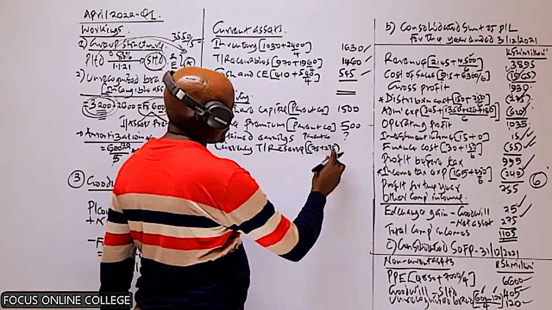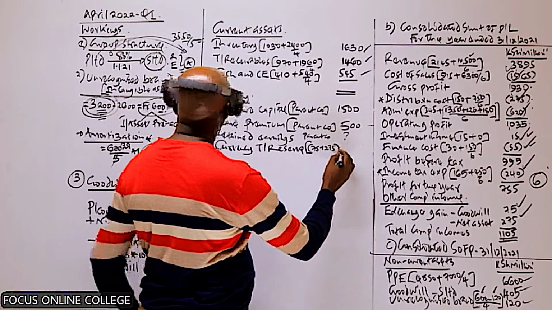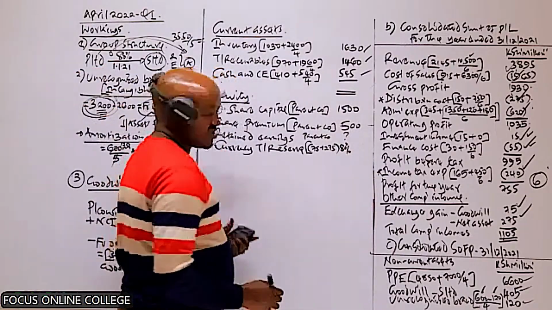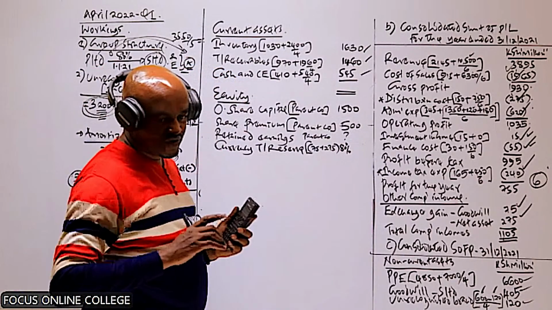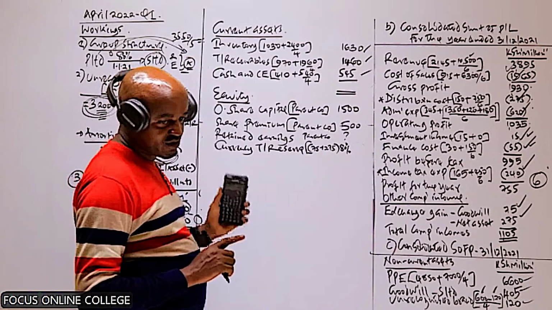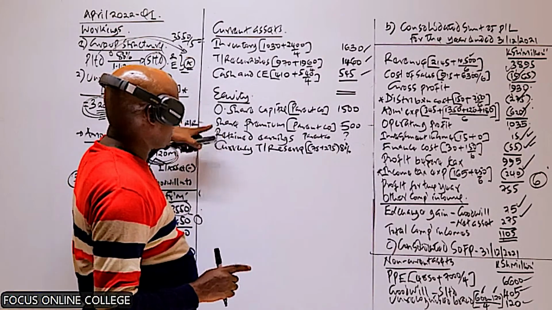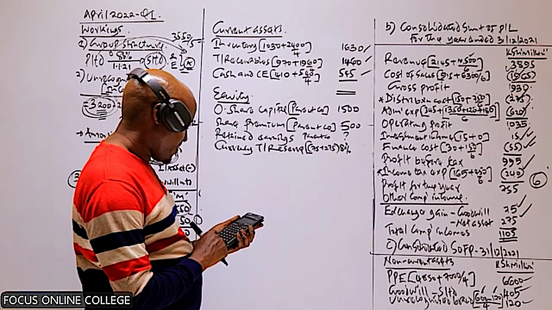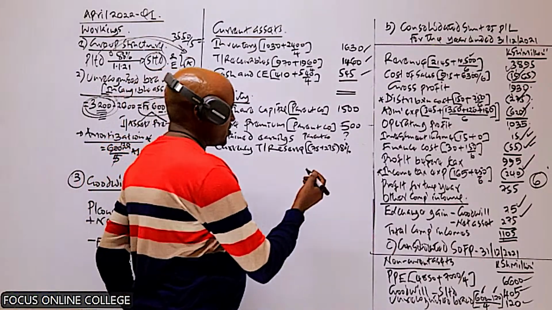Yes, and then we compute that of the parent company. That of the parent company will be equal to 80%. That one will be equal to 80% for the parent, Sasa? Yes. For the parent, that which we include here. That's why you can see even share capital, share premium, we are including that of the parent. 80% of that will be 280.